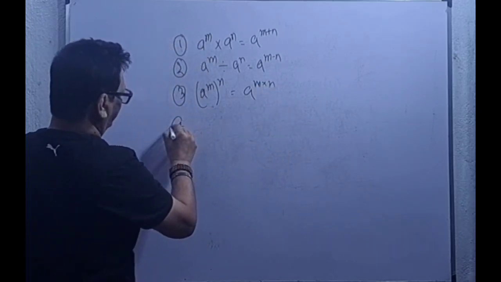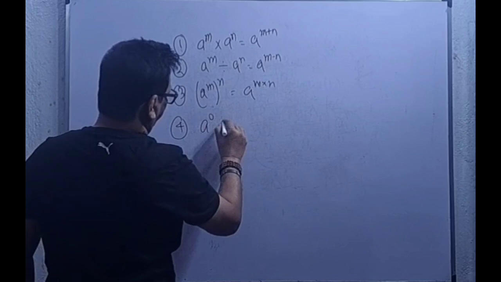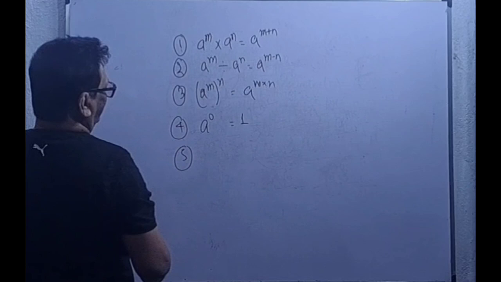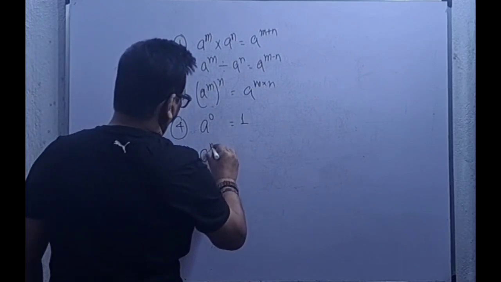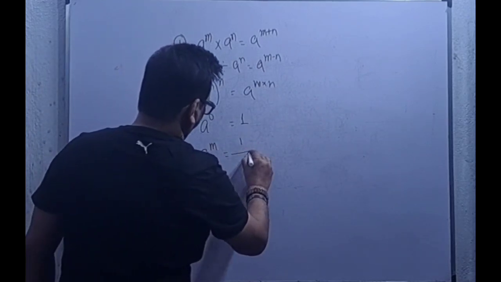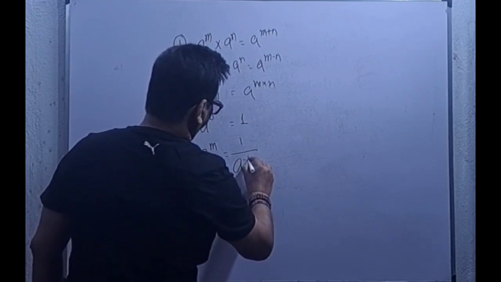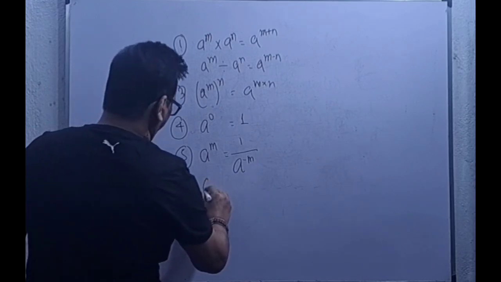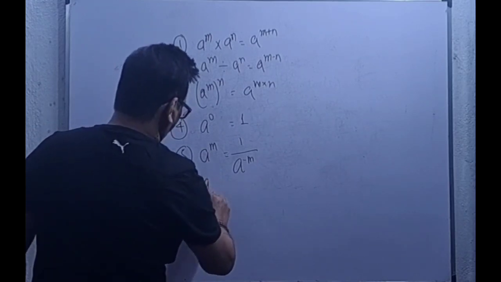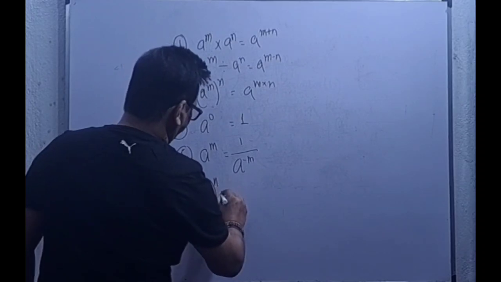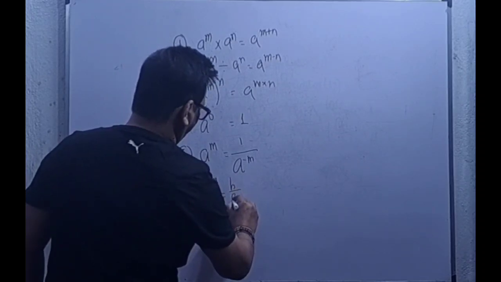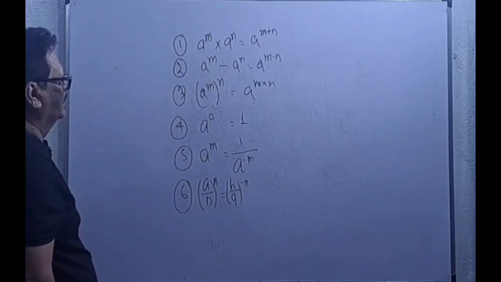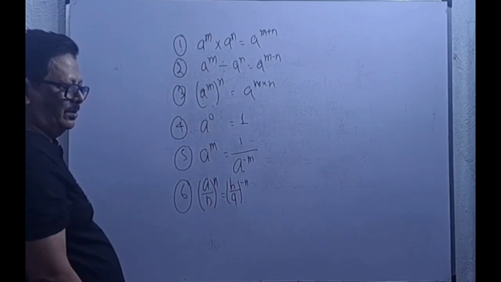Also I told you a to the power of 0 is equal to 1. Now number 5 is a to the power of m is equal to 1 by a to the power of minus m. And number 6, a by b to the power of n is equal to b by a to the power of minus n. Right? So the list of formula changes here.